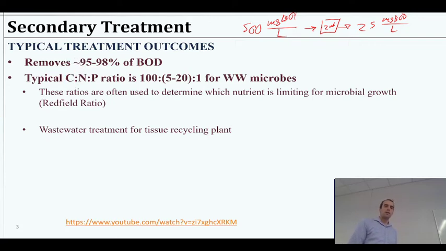So it turns out if you take a tissue recycling plant, taking all sorts of fiber from cardboard, from paper, things like that, I had a chance to tour one of these as a permit writer in Michigan. It was very interesting. And they had a wastewater treatment plant because they were processing a lot of this fiber in water. And so essentially they would break the stuff down, use some chemicals to help dissolve or break apart the cardboard and stuff.